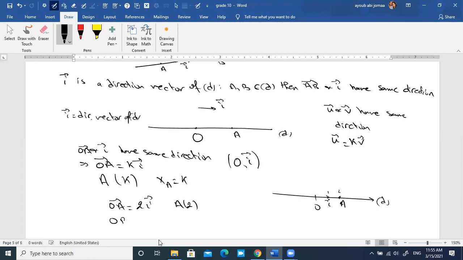When I say that vector OB is equal to negative 3I, from O draw a vector equal to negative 3I. So you measure OI, which we choose as 1, 1, 2, negative 3. Here is point B. OB is equal to negative 3I. X of B is equal to negative 3, or point B has abscissa negative 3. Here X of A is equal to 2. Is that clear?